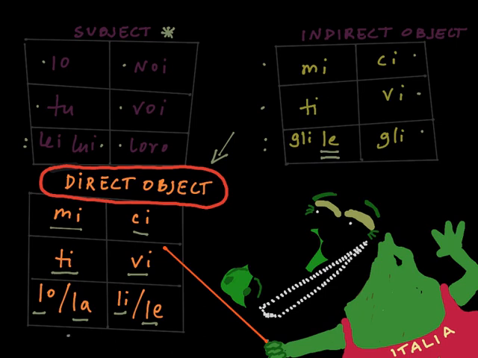Well, one of the differences is this la works for feminine singular, but it also works for singular second person formal you, sir, and you, madam. And then another difference is that them in English is genderless or unisex, and in Italian it is a little bit more precise. So you need to memorize them in order to use the indirect and direct object pronouns.